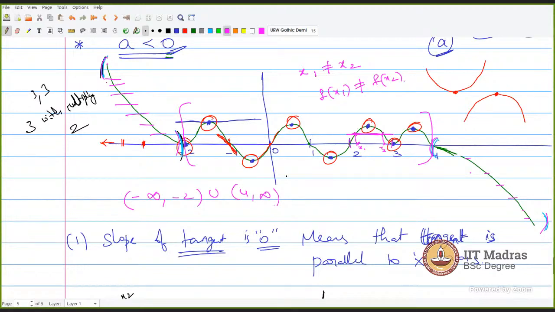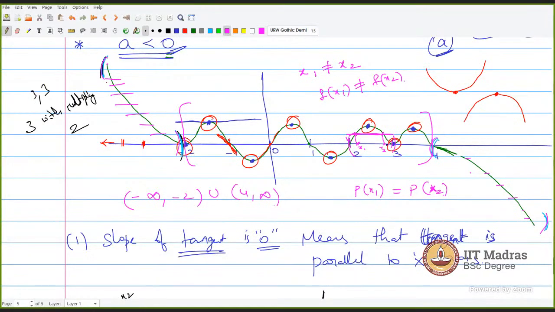But here x1 and x2 give the same function value. This polynomial is a function, so when I substitute, p of x1 is the same as p of x2. This fails the property of a 1 to 1 function, so in the interval 2 to 3 my function is not 1 to 1.